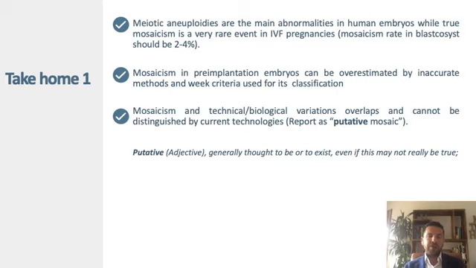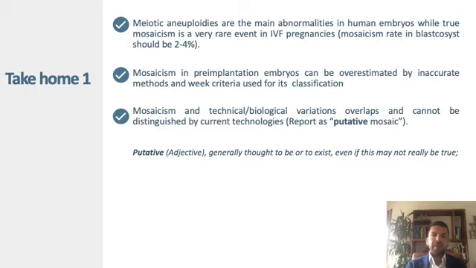Also, we need to acknowledge that there are some levels of technical and biological variation that may challenge the proper diagnosis and reporting of mosaicism, so probably the best way to report these intermediate chromosome copy number findings should be as putative mosaic.